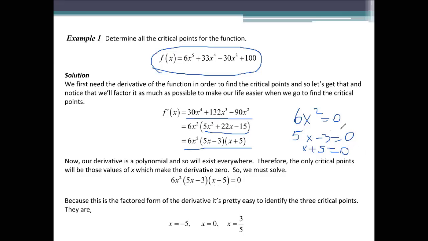So how many critical points do we have? In our case, 3 critical points. The first one is 0, then we have 3/5, and minus 5. So we have 3 critical points of this function.